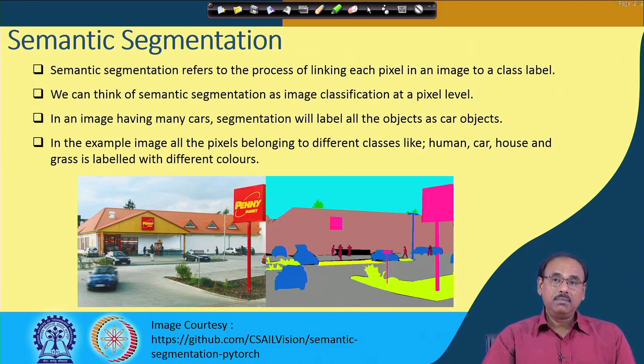If there are multiple instances of cars, semantic segmentation does not tell you to which of the cars a particular pixel belongs. Or in other words, all the pixels belonging to a particular class form a semantic segment. In semantic segmentation, we don't have any boundary of the different instances of the objects belonging to the same class.